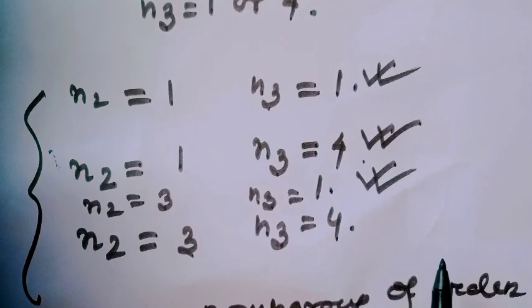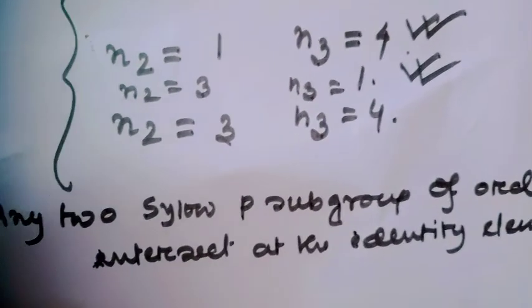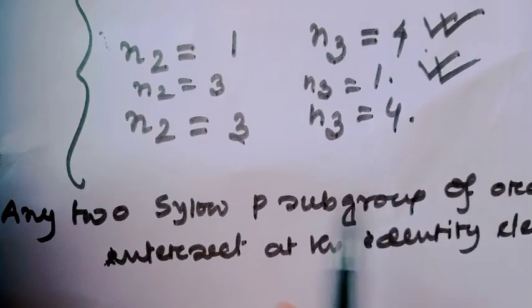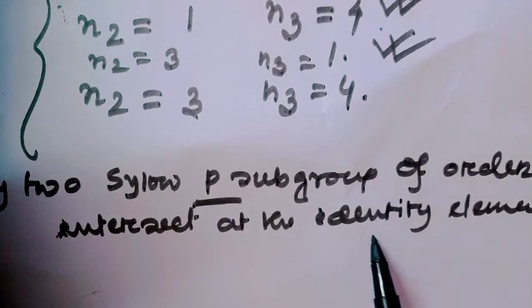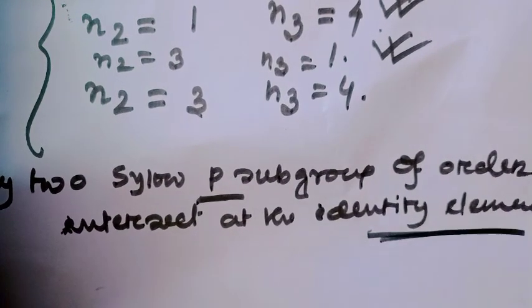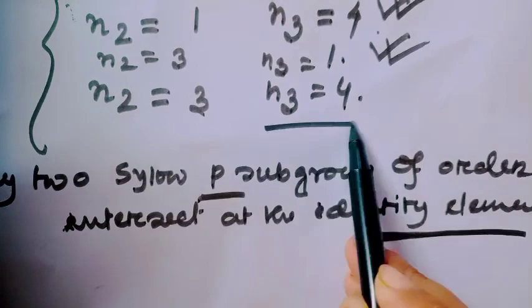But is this possible? Let's see. Here is one nice theorem: any two Sylow P-subgroups of order P intersect only at the identity element. Here notice n3 equal to 4.